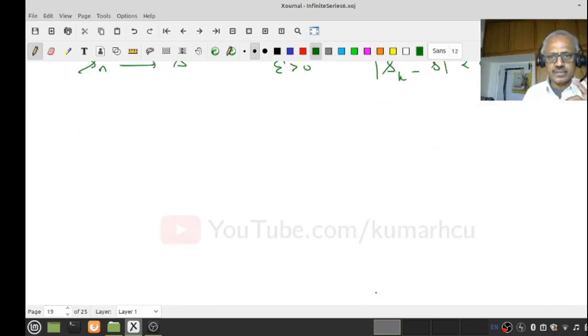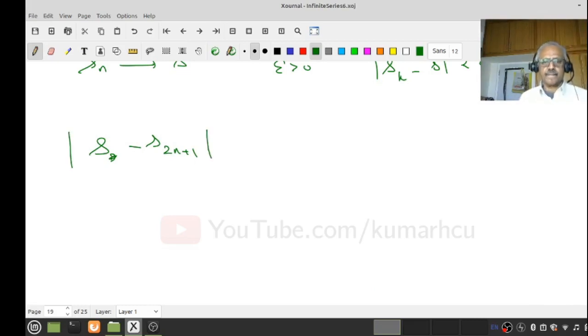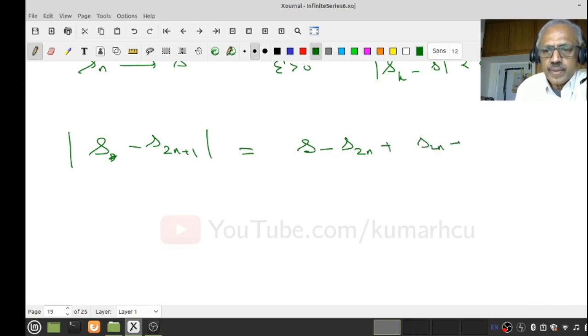So as usual, I will not fix capital N, etc. I will just work with that and we will arrive at the result. So let us look at S minus S2n plus 1. But this I can write as S minus S2n plus S2n minus S2n plus 1.